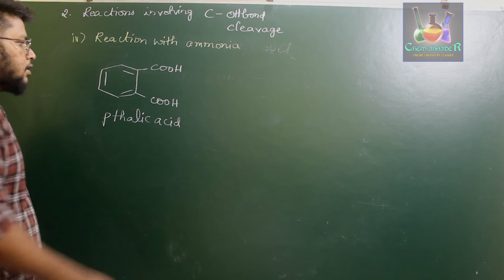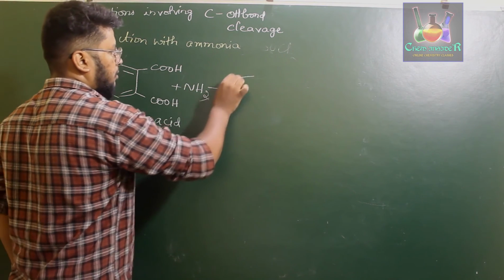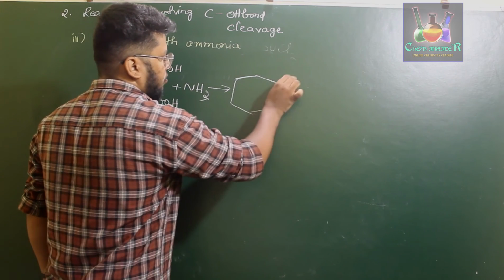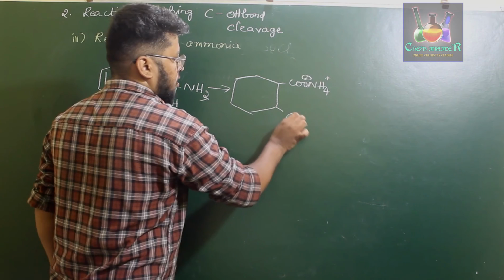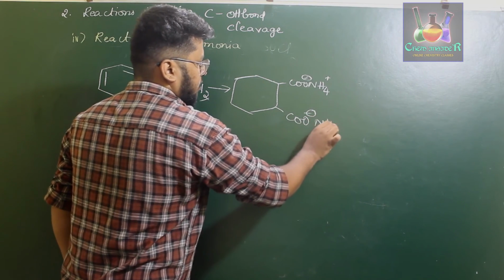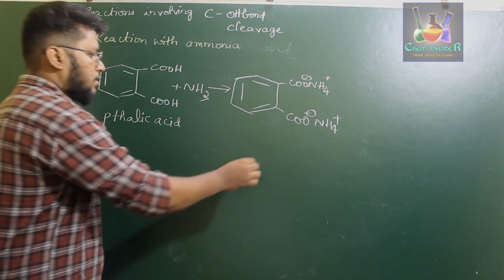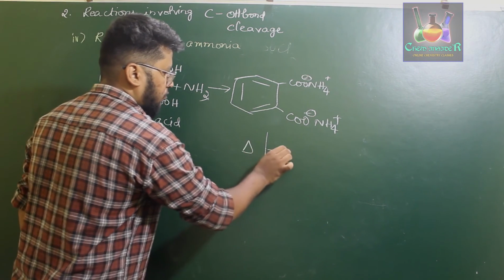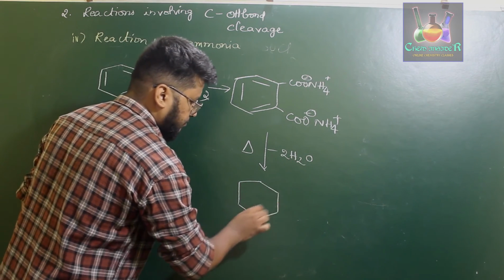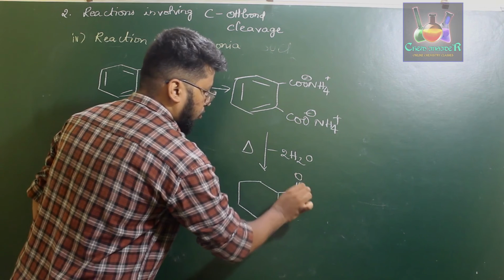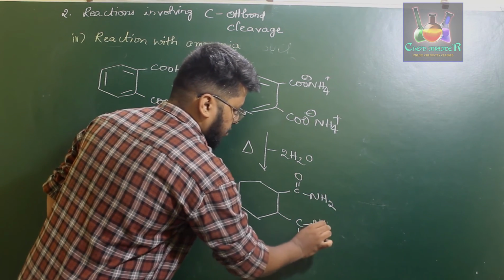When you treat this dicarboxylic acid with ammonia, first it forms an ammonium salt similar to the propanoic acid: COO minus NH4 plus on each side. This ammonium salt loses two molecules of water, one from each group, and leads to the formation of C double bond O NH2, C double bond O NH2.